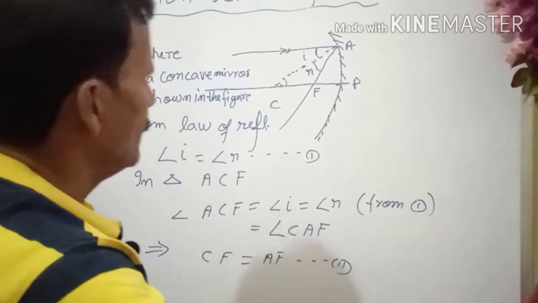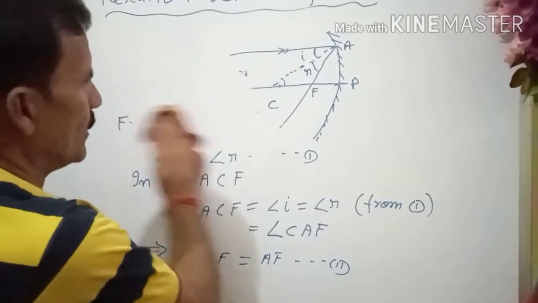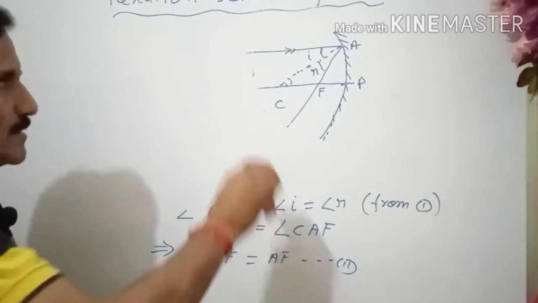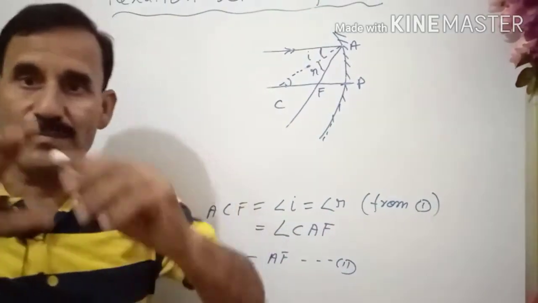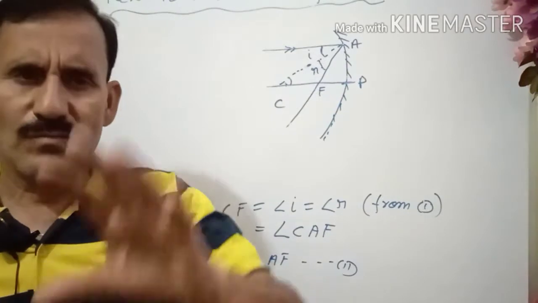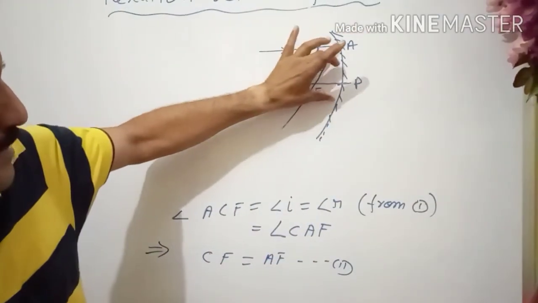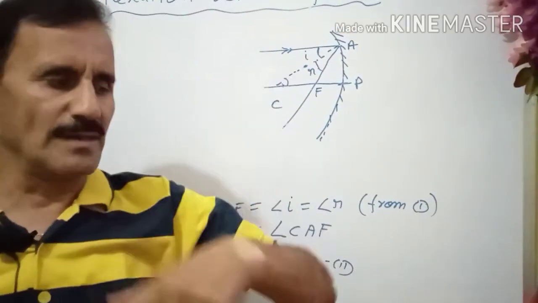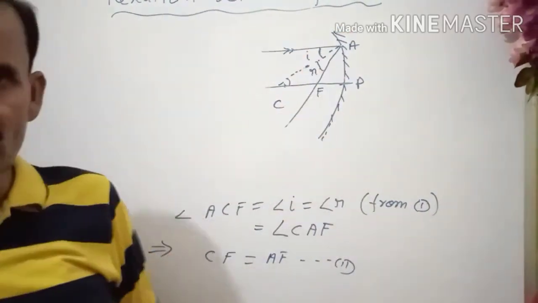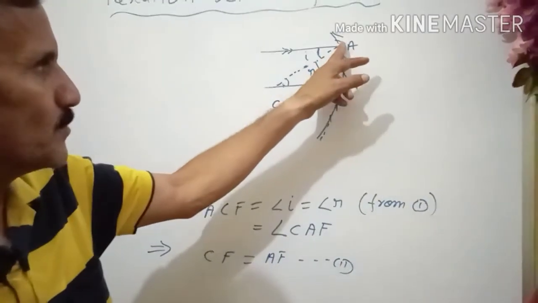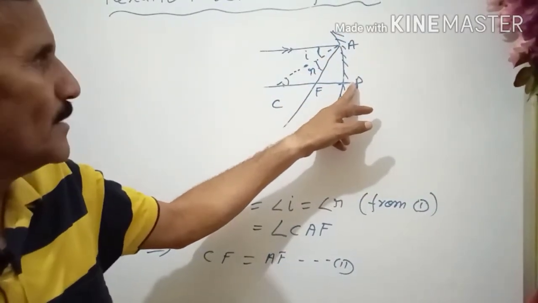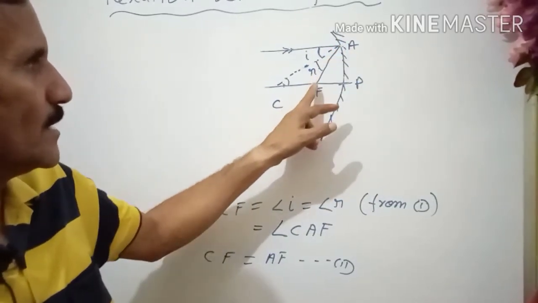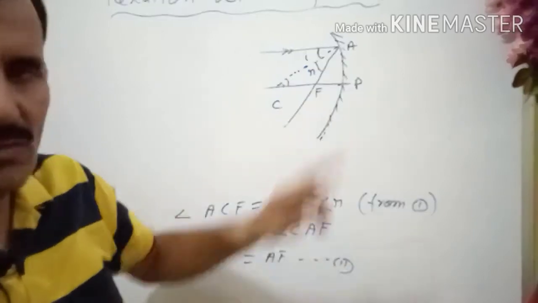Now let us have one more concept, that of aperture. We are supposing here that the aperture of the spherical mirror is very small. What is the concept of aperture? It means a very small portion of the mirror is polished. So when it is so, what will happen? This point A will coincide with the point P. So this distance AF is almost equal to FP.